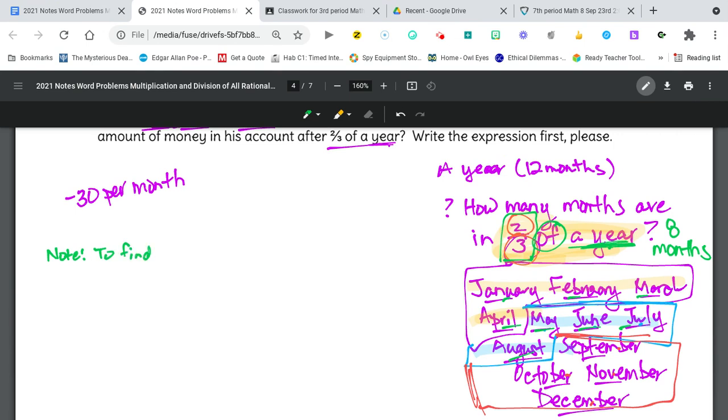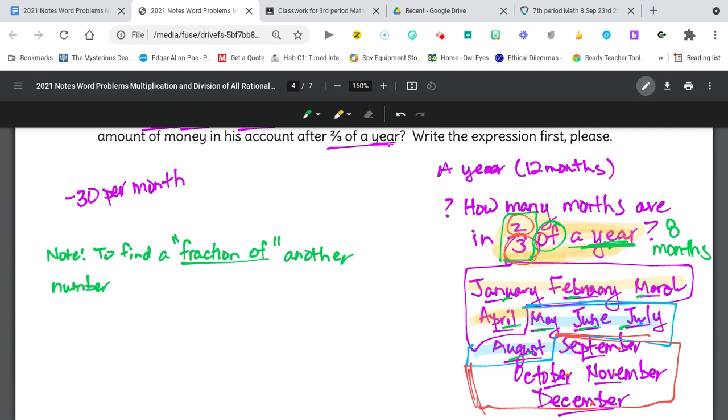All right, so when you make this little note: to find a fraction of another number, it also works the same for percent, but we'll talk about that later. Percent of means multiply too.